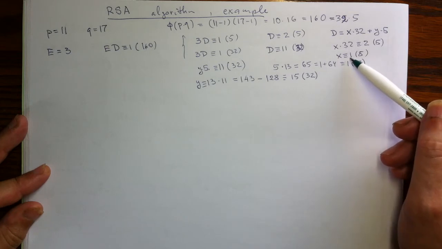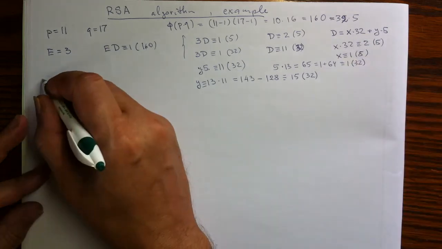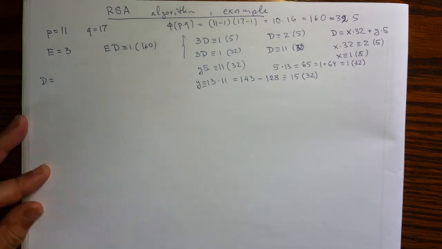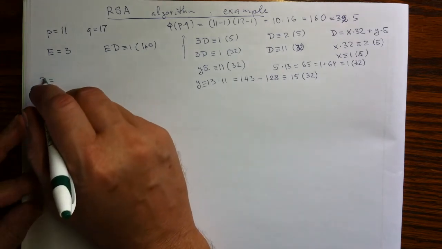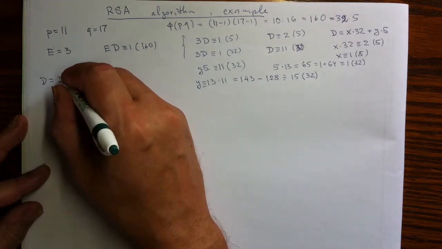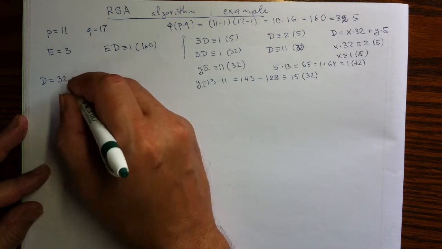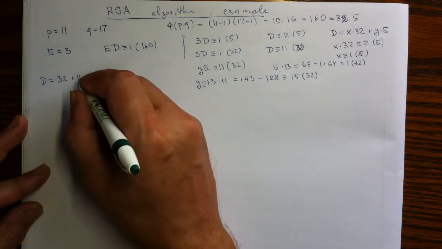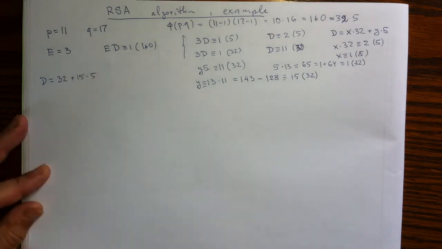X is being 1, so then I just have to combine them to find my d finally. So I'll have 1 copy of 32 and then 15 copies of 5.